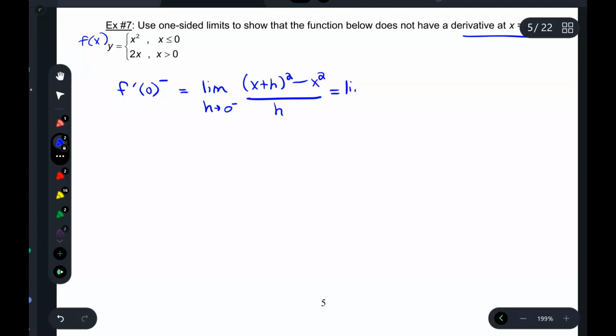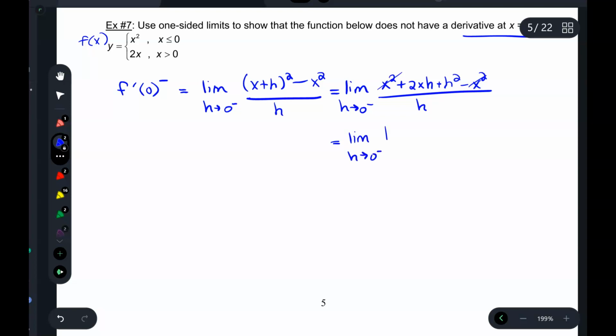Okay, let's go ahead and do that real quickly. So we have x squared plus 2xh plus h squared minus x squared. Again, I know some of you just want to cancel the h.